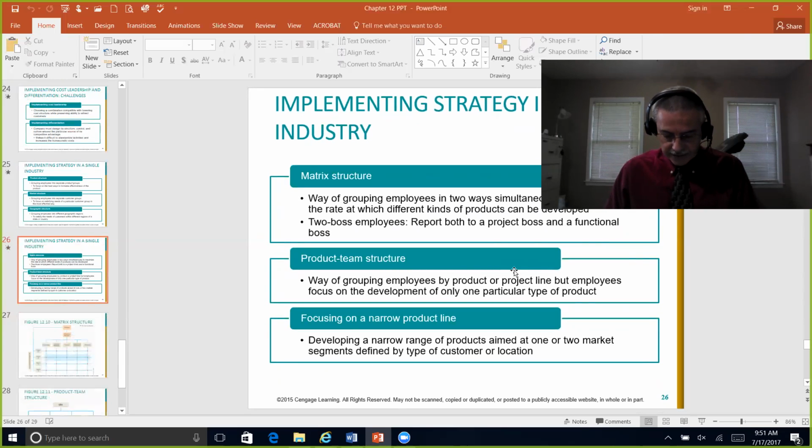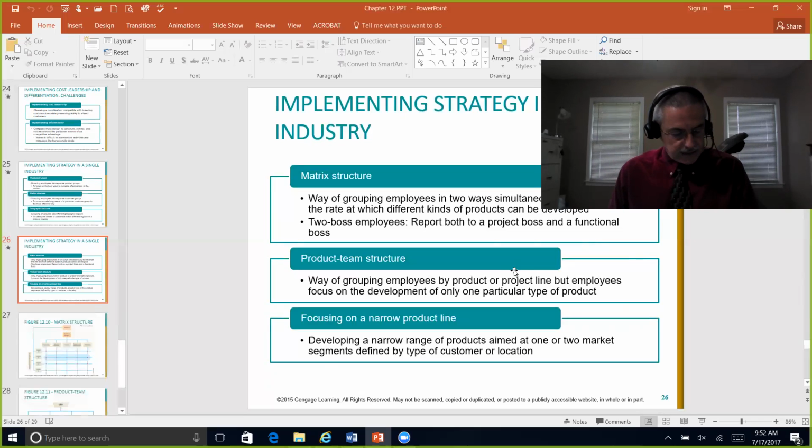Implementing a strategy in a single industry, one way of doing that is through the matrix structure. Matrix structure is pretty self-explanatory, where figure 12.10 on page 427 looks at this basic structure and how it is developed, where activities could be grouped by function, could be grouped by product, but where employees are being shared across the organization.